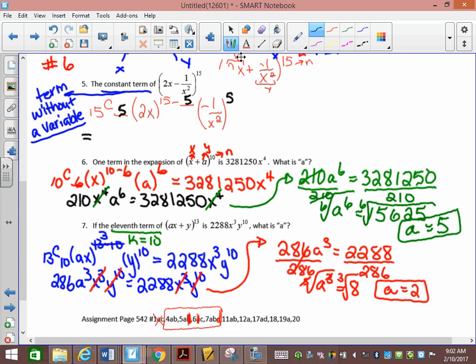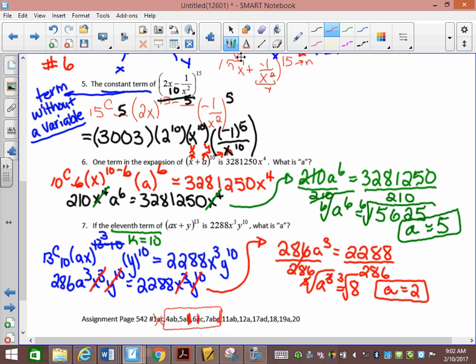15C5 is what? Then 15 minus 5 is actually 10. So I'm going to get 2 to the 10, x to the 10. And then I'm going to get negative 1 to the 5 on the top over x to the 10 on the bottom.